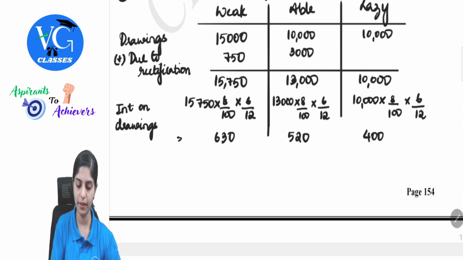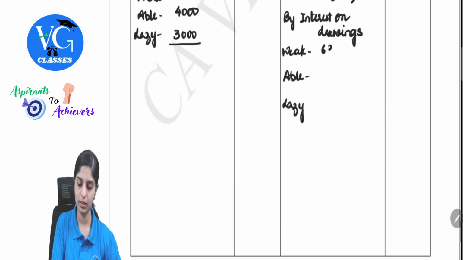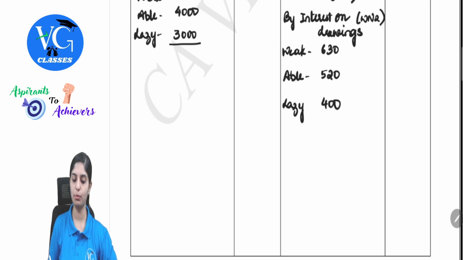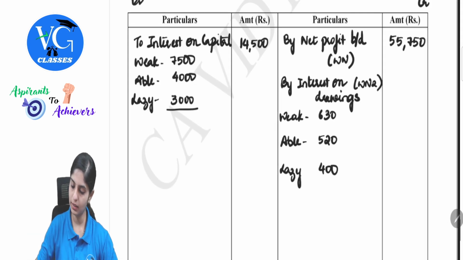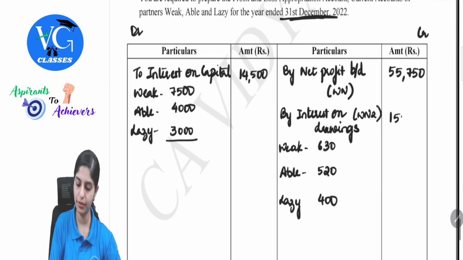So 630, 520 and 400. This is working note number 2. 630 plus 520 plus 400 will be 1,550.